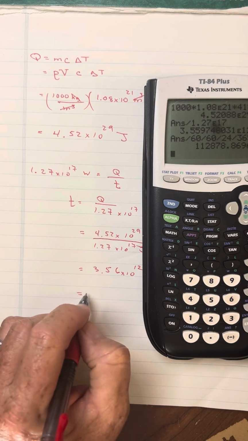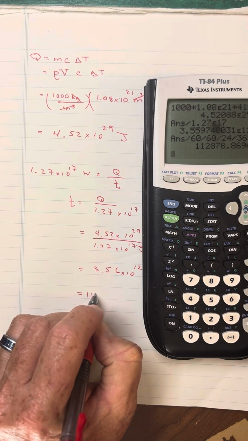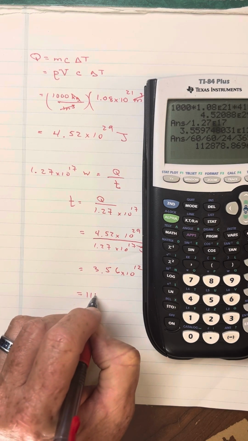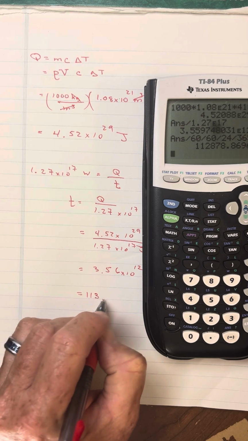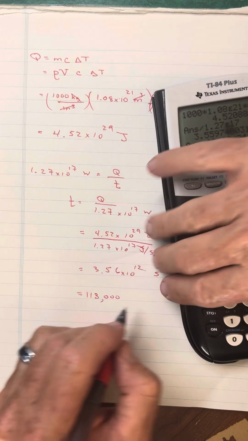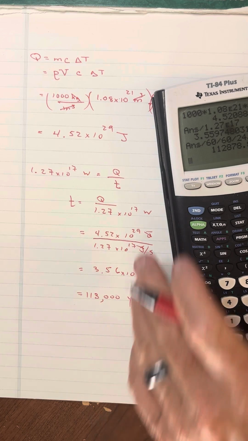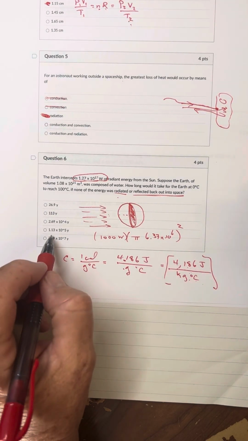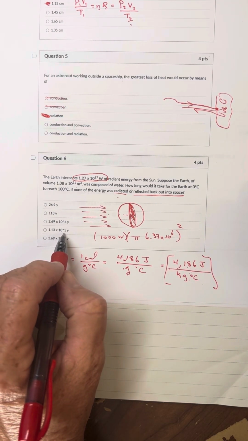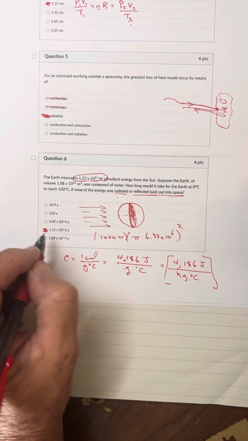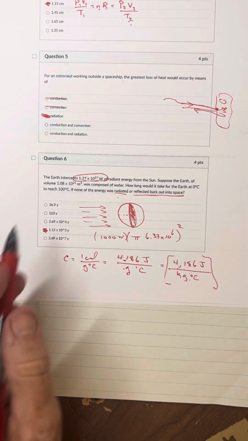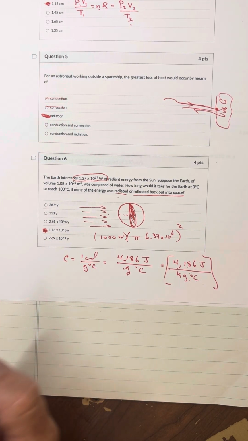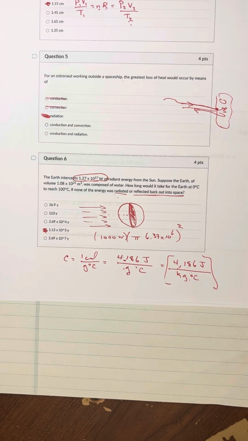So it looks like 113,000 years. They write it as 1.13 times 10 to the 5 years. So I guess the answer is A, B, C, D. D is in dog there. Okay, nice.